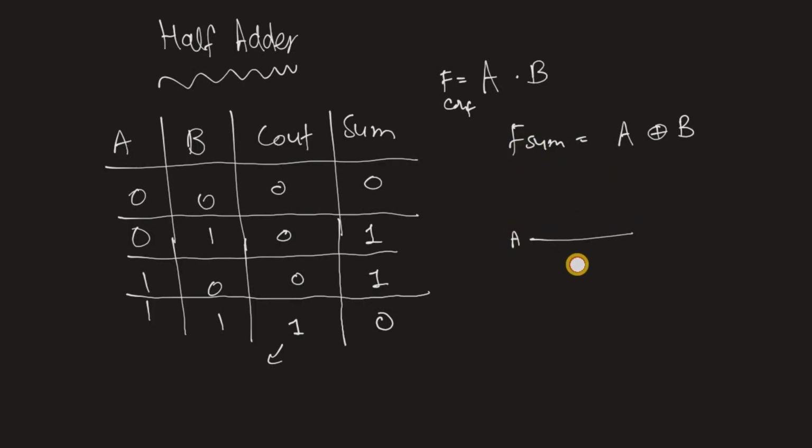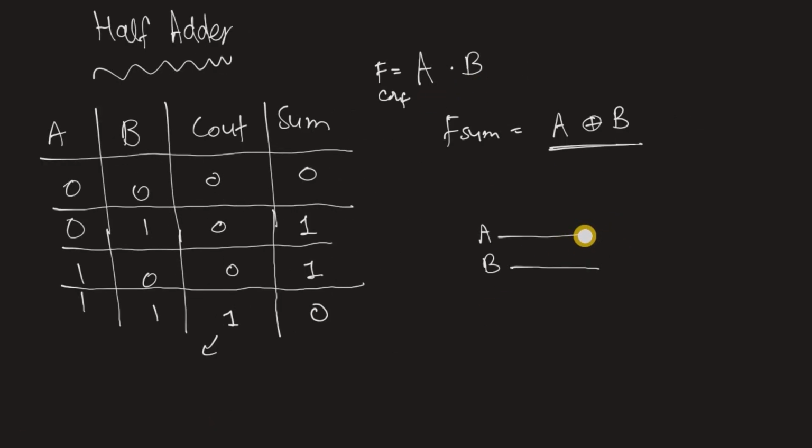So we have two inputs, A and B, and A and B are connected with the AND symbol. This is for the C out. And for the sum, they're connected with the exclusive OR symbol.